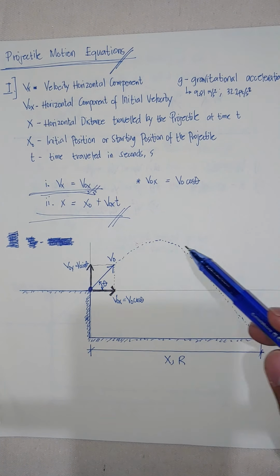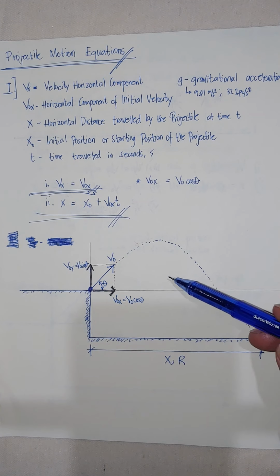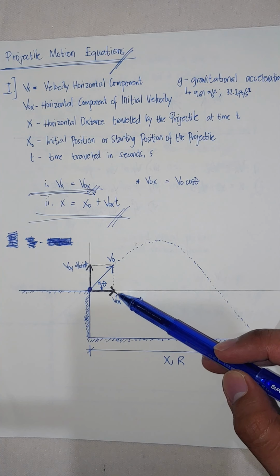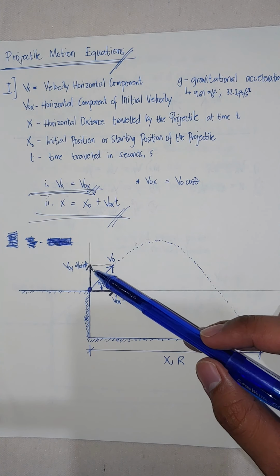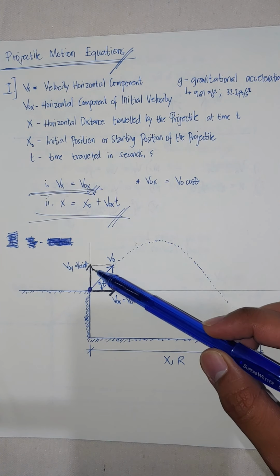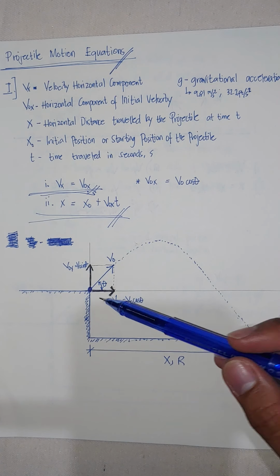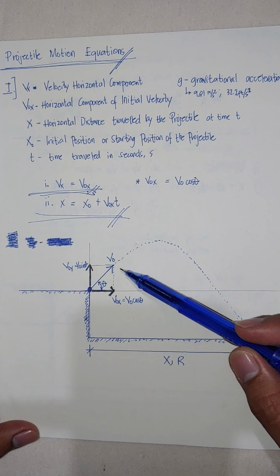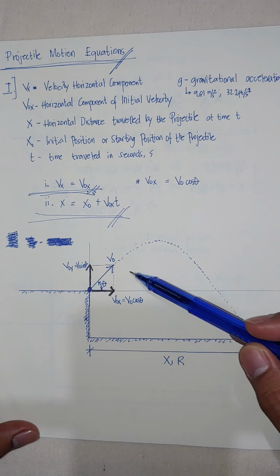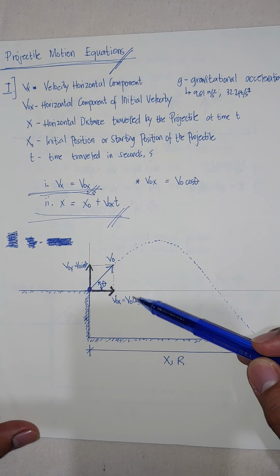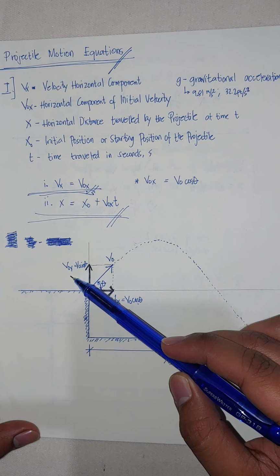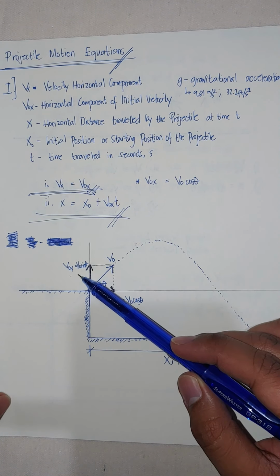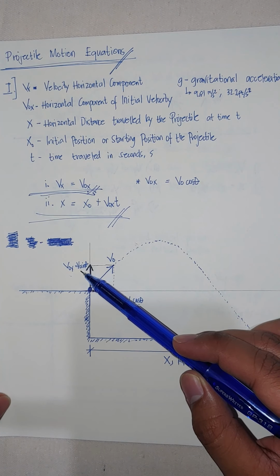Since this is a projectile, unlike rectilinear motion which is one way only, it has two components: the horizontal or x component and the vertical or y component of the velocity. If this is the angle, your horizontal component of the velocity is just equal to the initial velocity times cosine theta. And your vertical component of your initial velocity is just equal to initial velocity times sine theta.